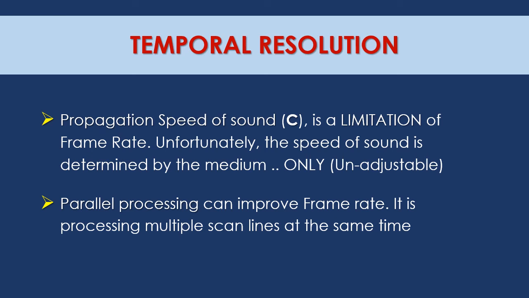By the end of 100 scan lines, I can cut the time of the frame in half, because one half and the other half are processed simultaneously, and that's what we call parallel processing.